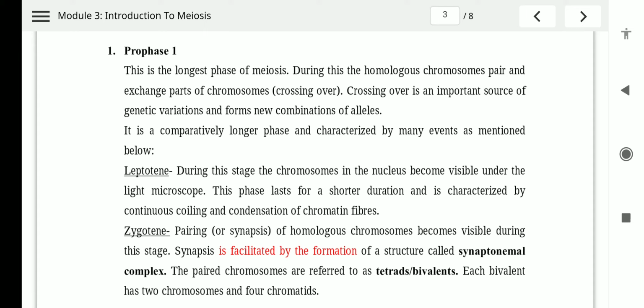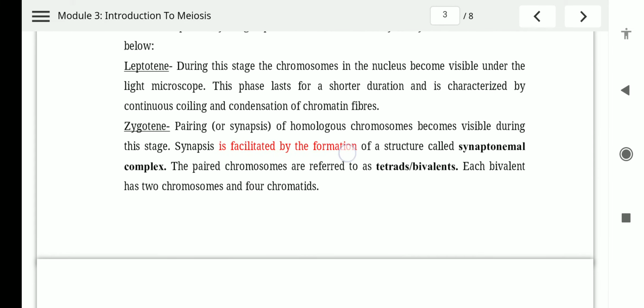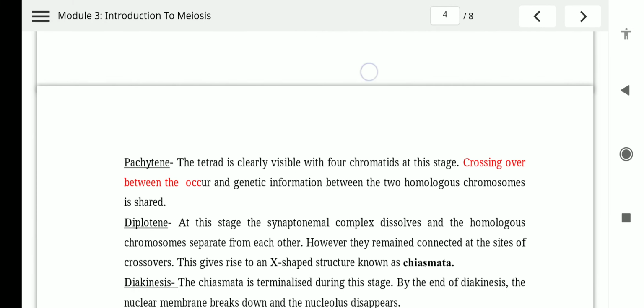So, in zygotene, pairing of homologous chromosomes takes place, the synaptonemal complex is formed, and paired chromosomes are referred to as bivalent or tetrad. Four chromatids are there, so it is called a tetrad, whereas two chromosomes are there, so it is called a bivalent. The third step of prophase 1 is pachytene.